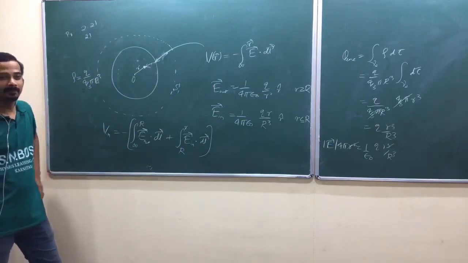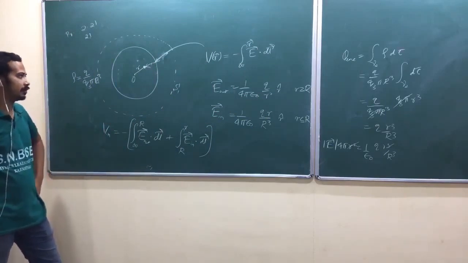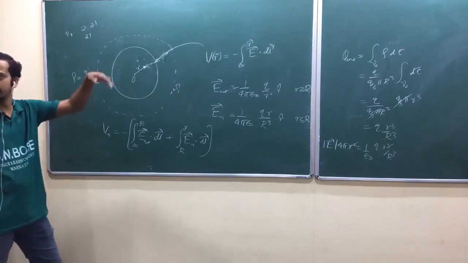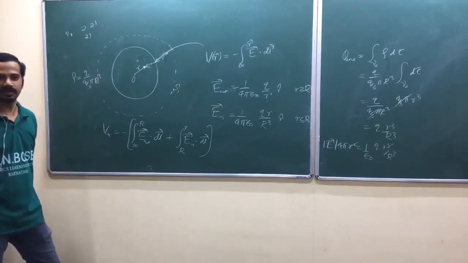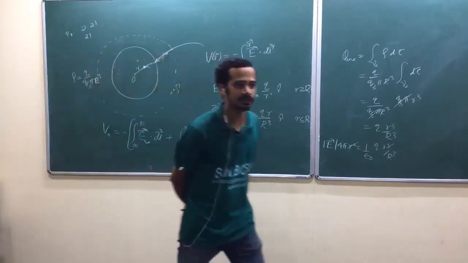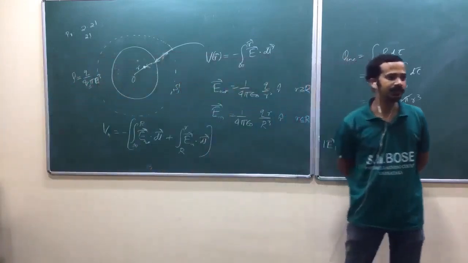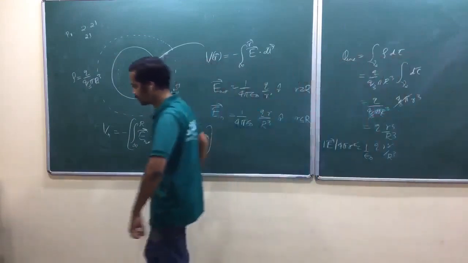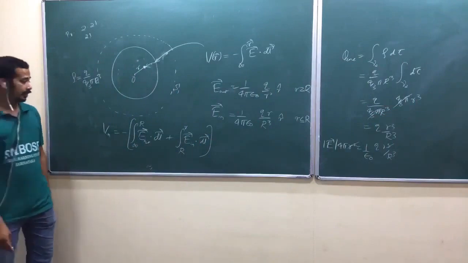Potential should be 0. Am I right? We have to take a point where potential is 0. That is at infinity. Or you can take infinity as one point. That's what we have done in complex analysis. Do you remember? We have taken infinity as one point. Different concept. But anyway.